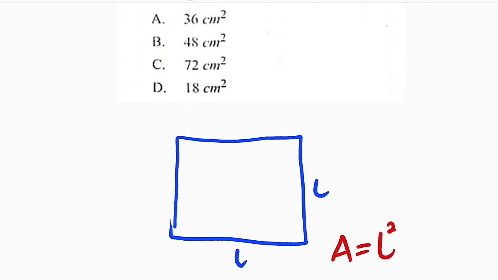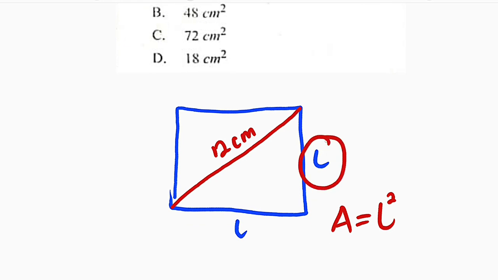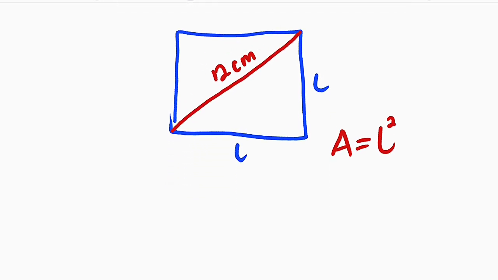So what about the diagonal, which is given to us as 12 cm? This is the diagonal, this line right here, and we may have another one here. All these are diagonal lines. But this is what? 12 cm. So first of all, we need to find the side lengths by applying Pythagoras rule, which states that the hypotenuse squared is equal to the opposite squared plus the adjacent squared, because this is a right angle triangle.